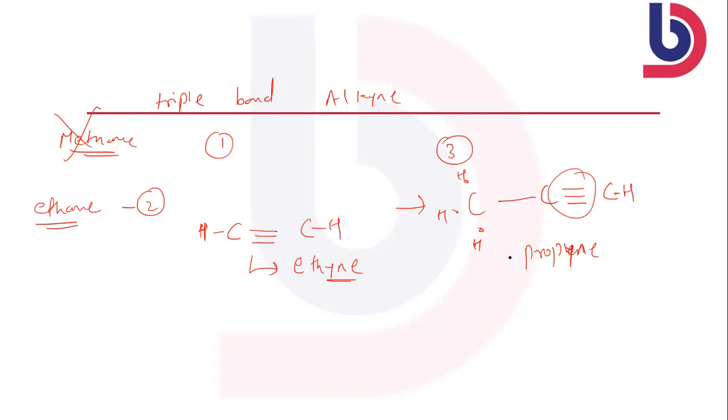Likewise, other hydrocarbons we can also write by introducing a triple bond in them. And do remember, if the number of carbons increases, then you have more choices to introduce a triple bond.